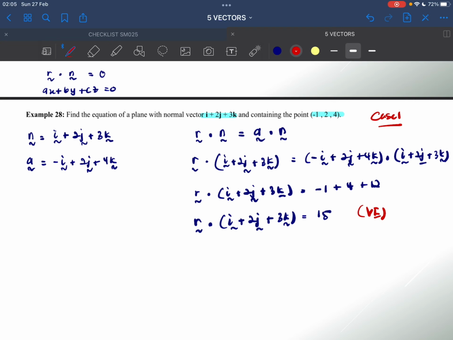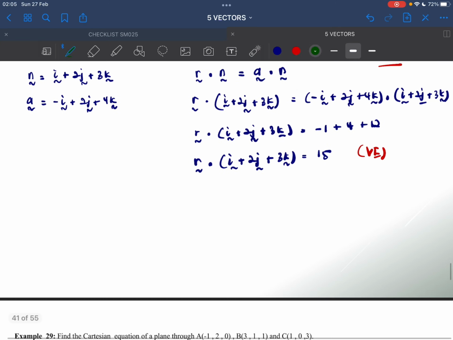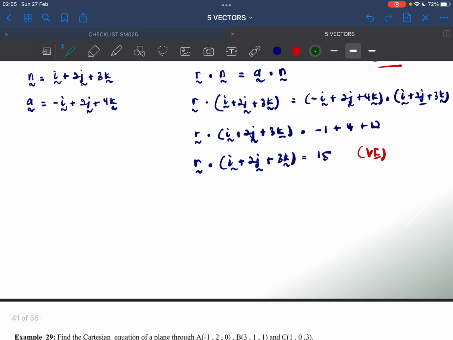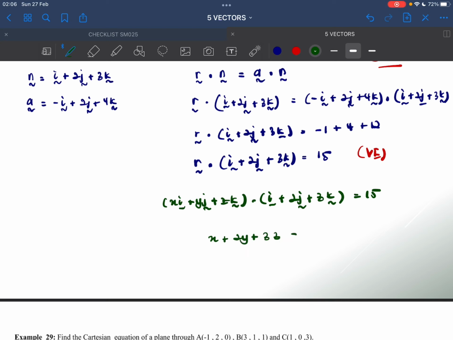Okay, so now let's try to find the Cartesian equation of a plane. So what we have to do here is, this is actually your x, y, z. Okay, so if we do the dot product between x, y, z and i plus 2j plus 3k, we should get, okay, let me just write this quickly, xi plus yj plus zk dot with i plus 2j plus 3k equals to 15, and on the left hand side we should get x plus 2y plus 3z equals to 15.